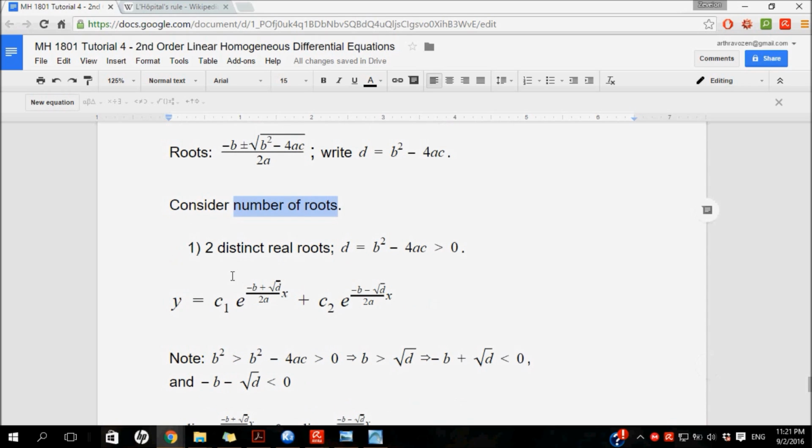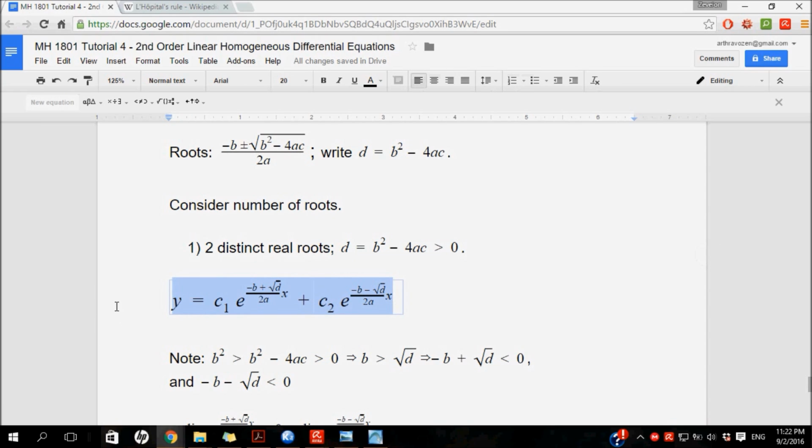In the first case, let us suppose we have two distinct real roots. This means the discriminant d has got to be positive. It means, by our key theorem, that we are in case 1.